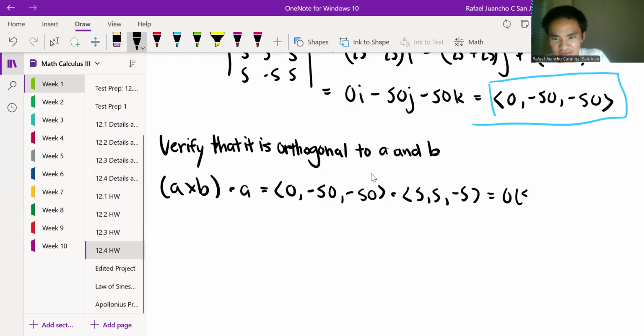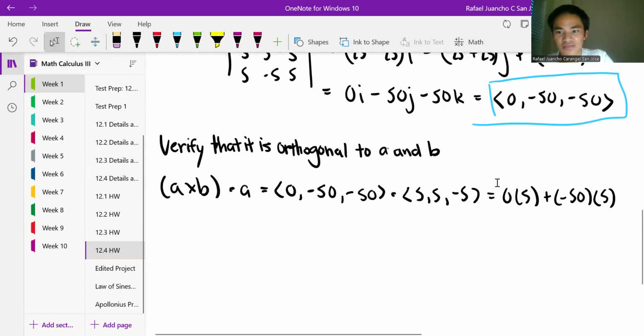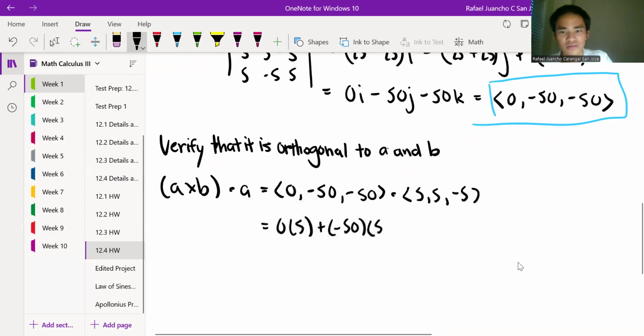Okay, so we have 0 times 5 plus negative 50 times 5. Oh, need space. Yeah, so we're just going over some dot products. All right, so 0 times 5, negative 50 times 5, plus negative 50 times negative 5.